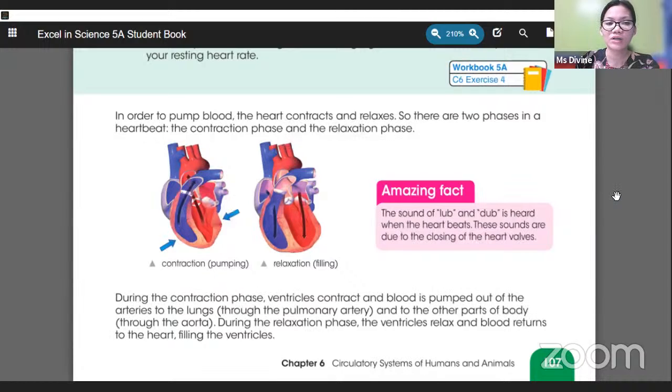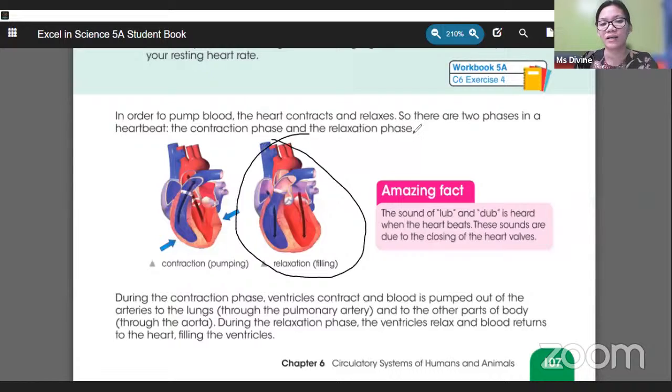From the word contract, it's just like your heart is squeezing. But when we say relaxing, your heart is relaxed, from the word relaxation.